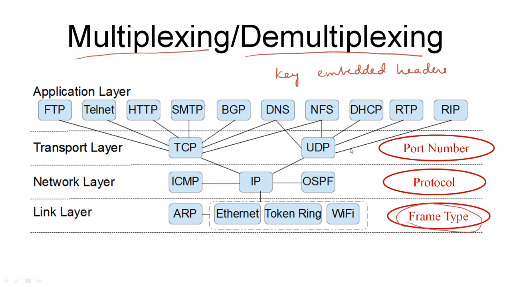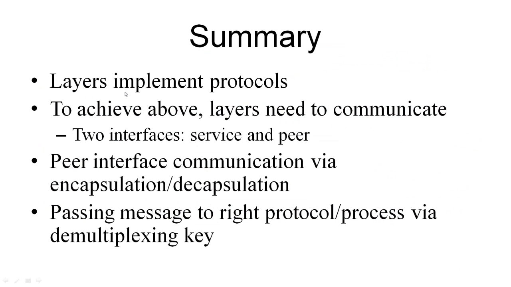So here is a summary of what we have learned in this video. Layers implement certain functionality, basically protocols. And to execute this functionality, layers need to communicate. There are two interfaces you need for this. One is the service interface, which permits a layer to make use of the services of the other layer within the same node.